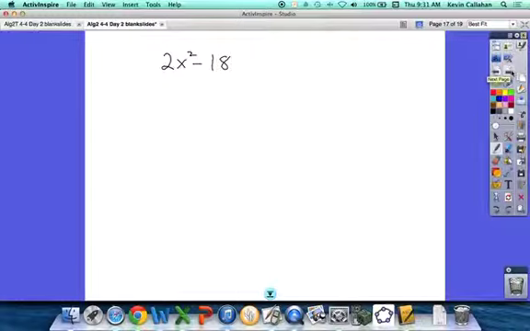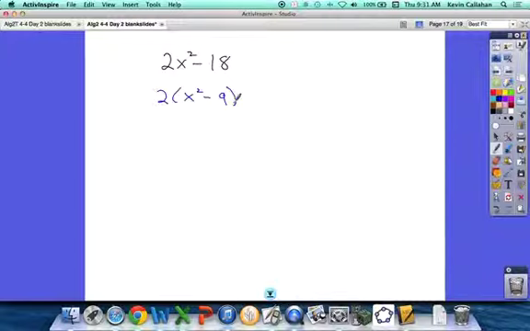And the only thing I'd point out is something like this. If you have to factor something like this, you look right away, it's a difference, and there's an x squared, but neither 2 nor 18 are perfect squares, right? So what kind of factoring do you need to do first? Yeah, greatest common factor. There's a common factor of 2. So with most of the more difficult problems, you end up having to do a greatest common factor first, and then what's left inside might be able to factor one more step.